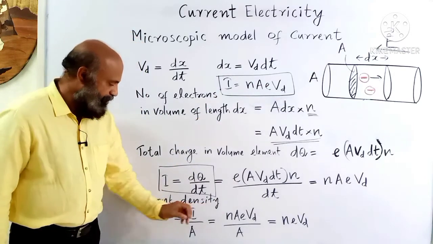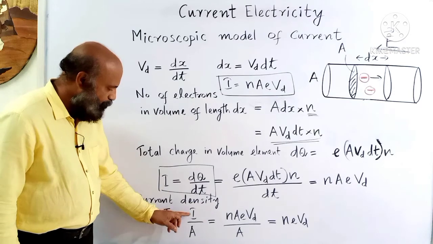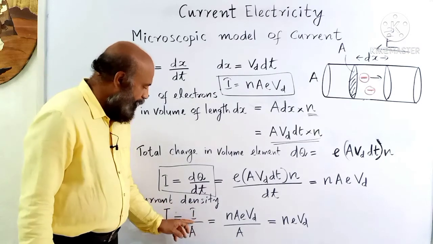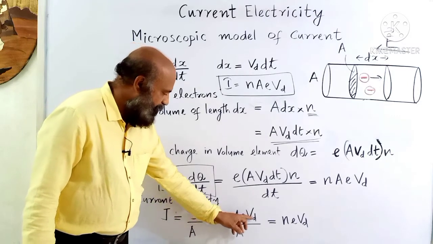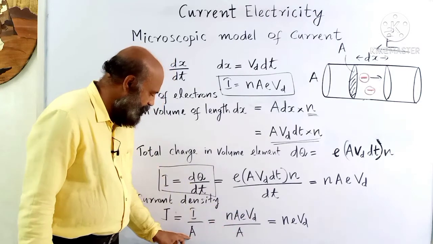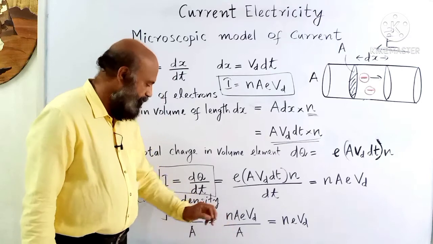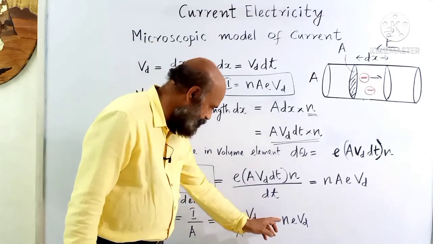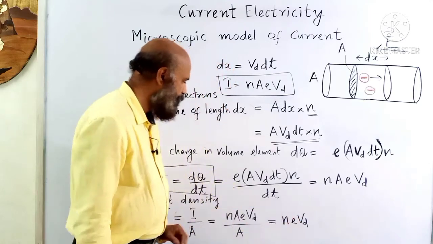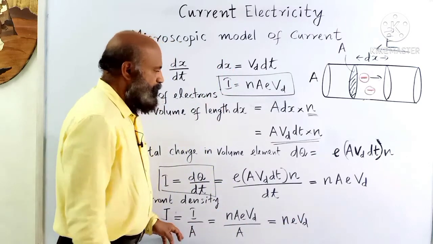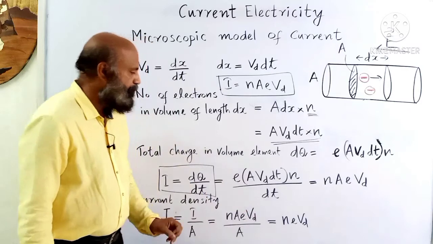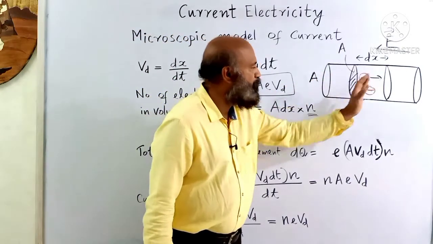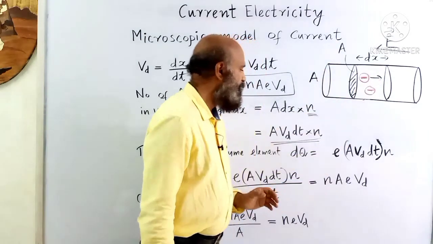Now current density J is equal to I by A. For I, we can write nAeVd, then divided by A, the A will get cancelled. So current density J is equal to neVd. This relation is applicable only when the current is perpendicular to the area.